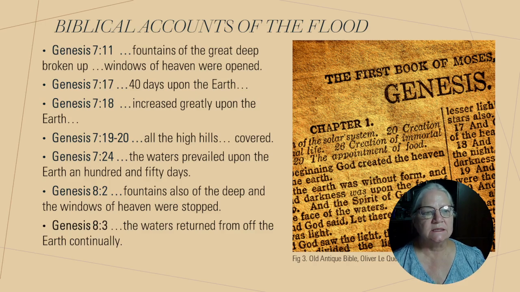Genesis 7:18, the rain increased greatly upon the earth, the floodwaters. Genesis 7:19 through 20, all the high hills were covered. Genesis 7:24, the waters prevailed upon the earth 150 days. And Genesis 8:2, fountains also of the deep and the windows of heaven were stopped. And in Genesis 8:3, the waters receded and returned from off the earth continually.